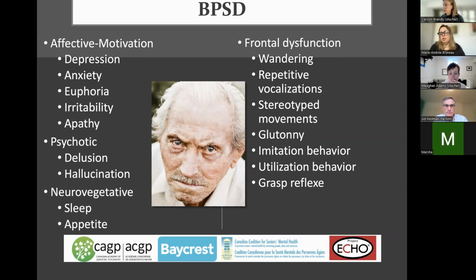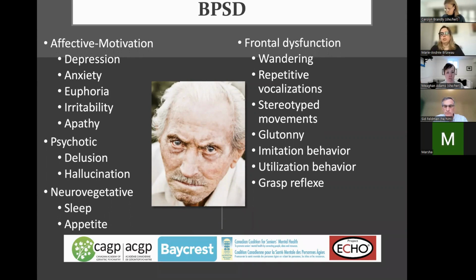Frontal dysfunction symptoms arise often more tardively in Alzheimer's disease, but we can see them earlier in frontotemporal dementia, for example. They are associated with a release from the frontal filter on impulses, basic impulses, or repetitive behaviors.